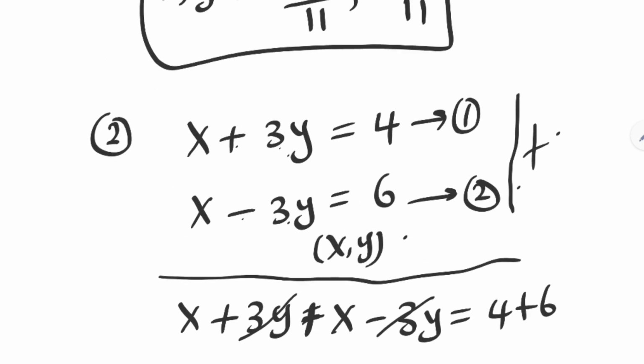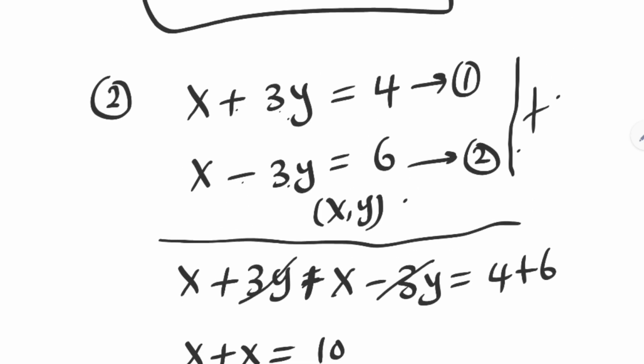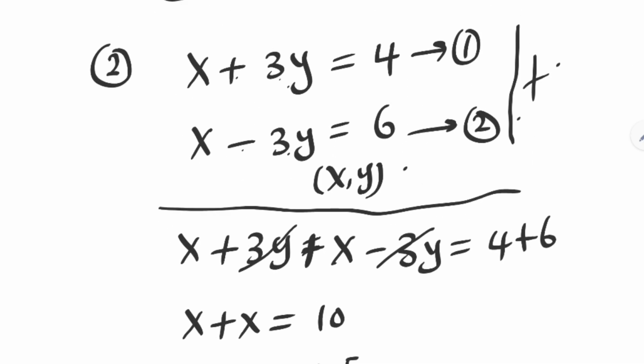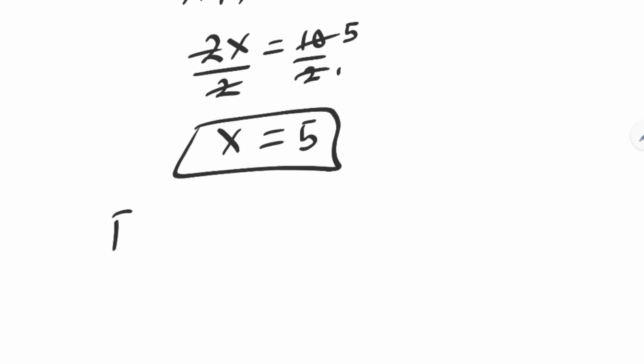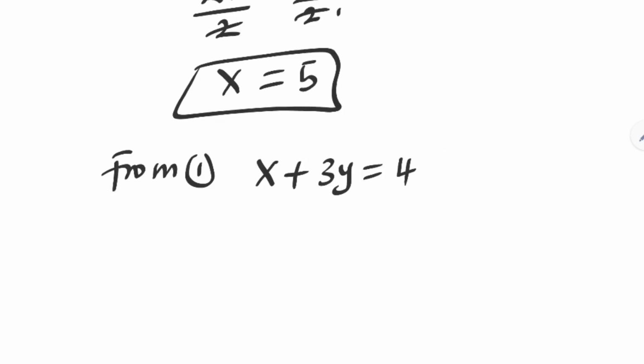Let us solve for y. We can solve for y using either equation 1 or equation 2, but let me make use of equation 1 here. From equation 1, x plus 3y is equal to 4.